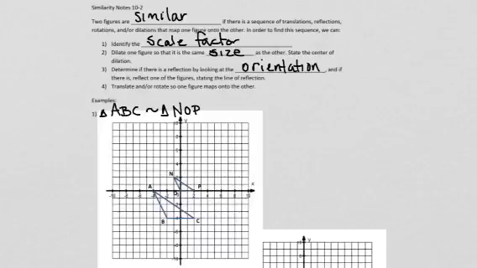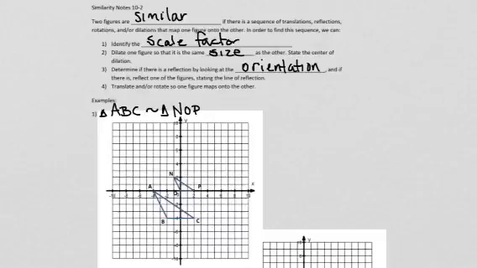So what we're going to do first is identify the scale factor. What we need to do there is figure out how long one side is, and then find its matching side and find out how long that one is.